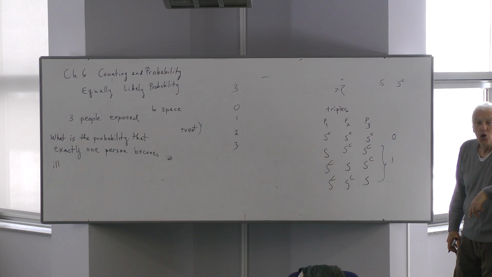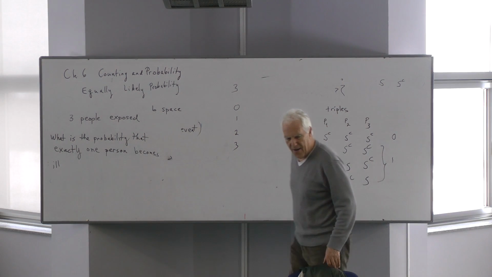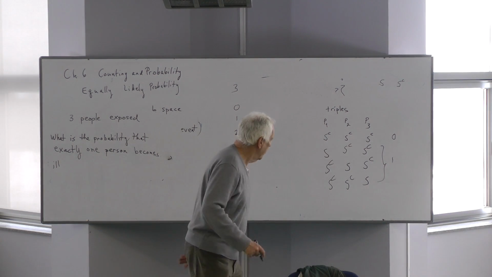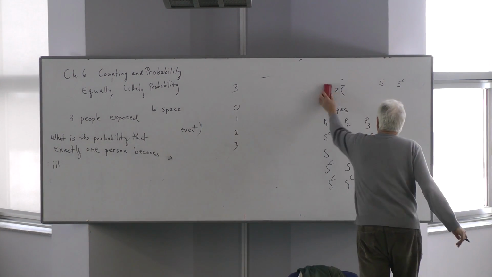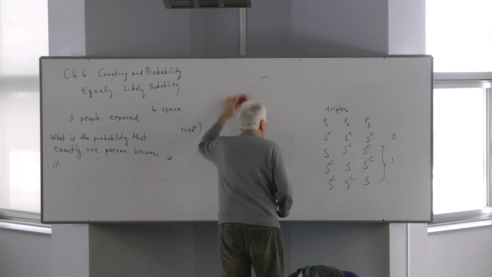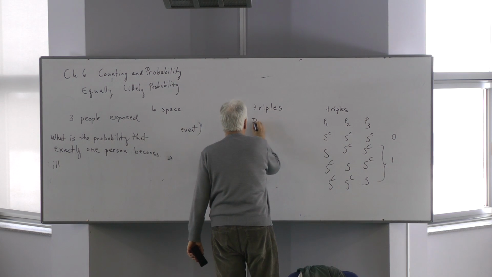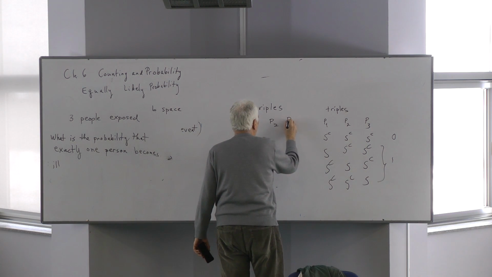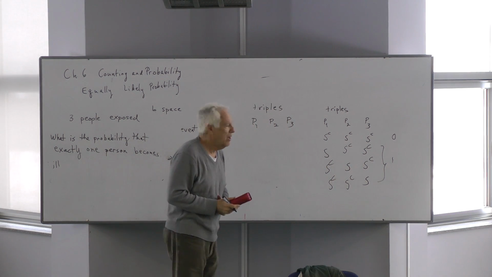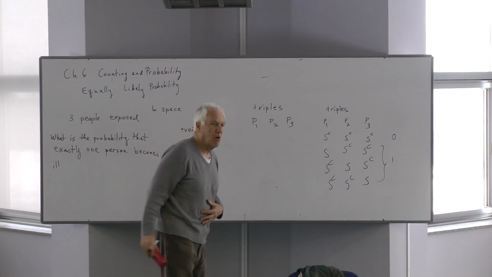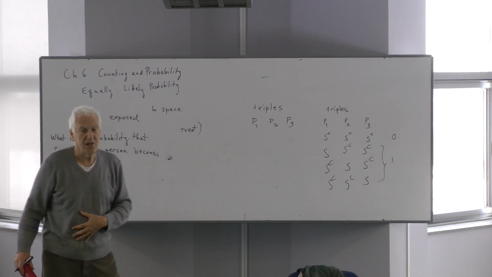How about two people getting sick? I'll continue the drawing. We need a little more room for the triples. So the triples, you've got person 1, person 2, person 3. If two get sick, then one is not sick.